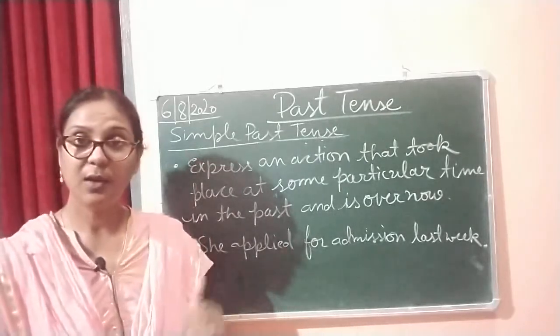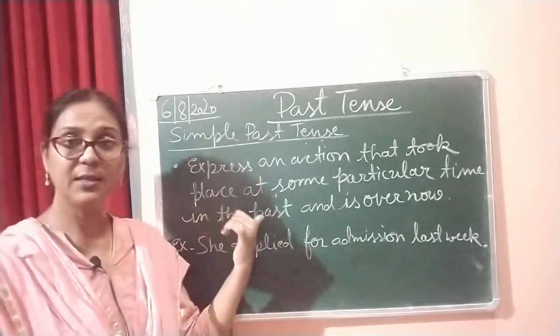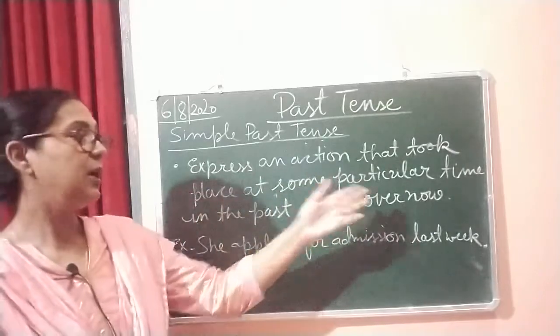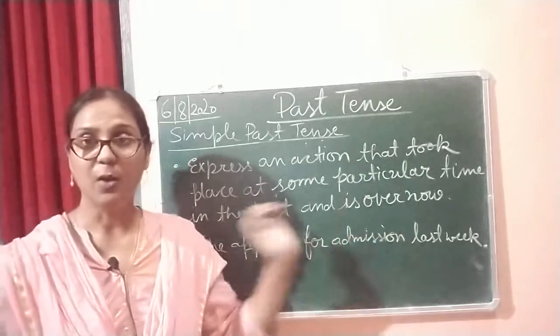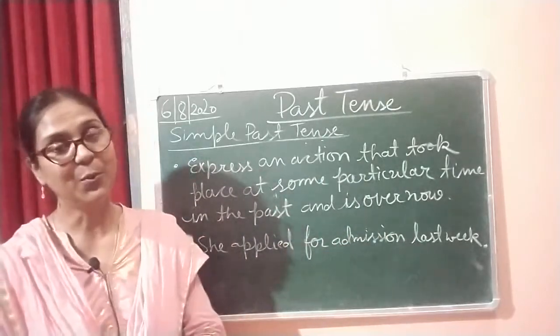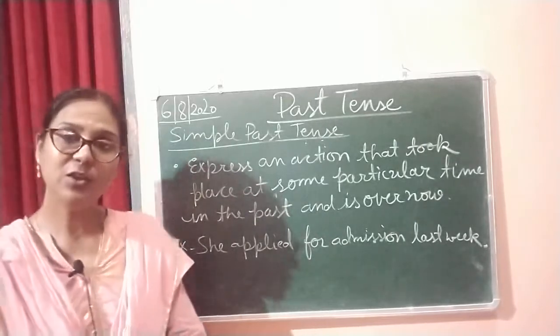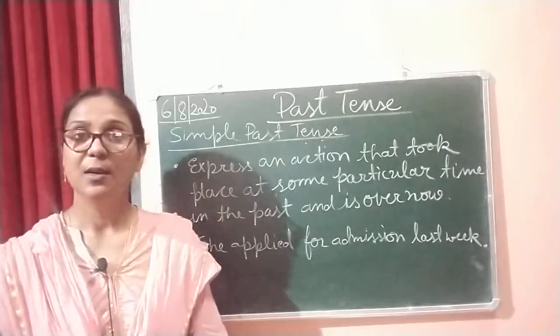Narrate a story, and express an action that took place in the past at a particular time and is over now. So these are the points that we have to always remember. Now we are moving to how we are going to form past tense.